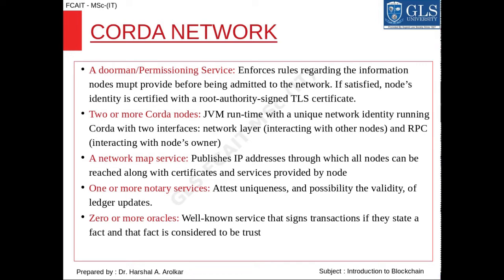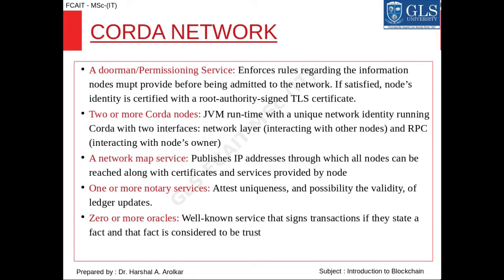So the node needs to identify itself and show certain aspects to the doorman, and only then does the doorman allow that node to be part of the Corda network. Once the doorman is satisfied about the node's identity, it issues a root authority signed TLS certificate, and the node can become part of the Corda network.